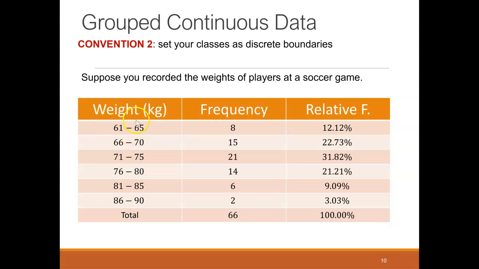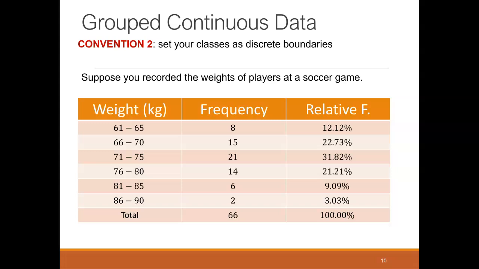So I like this method less because what this first category is really describing are the players like 60.5 kilograms less than or equal to X, less than 65.5 kilograms.